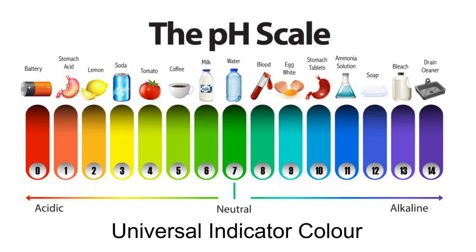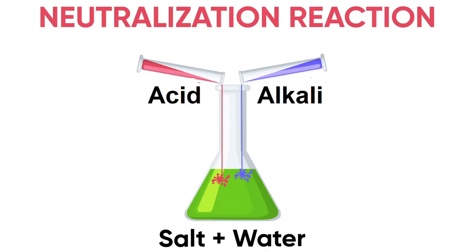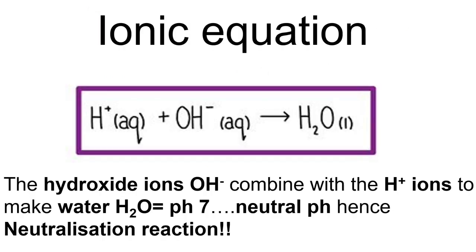So you have the pH scale, which we use to measure how acid or alkaline something is, and we use this thing called universal indicator, which is red in acids, green in neutral water, and goes to blue or purple in alkaline solutions. So we're going to look at neutralization reactions, when an acid and an alkali make a salt and water, and you've already looked at this when we made copper sulfate crystals in topic 1.